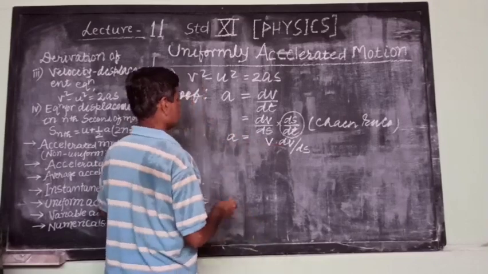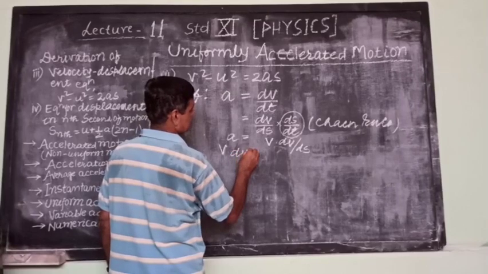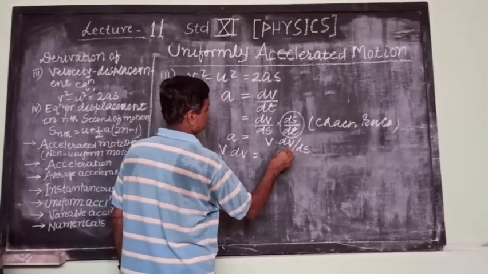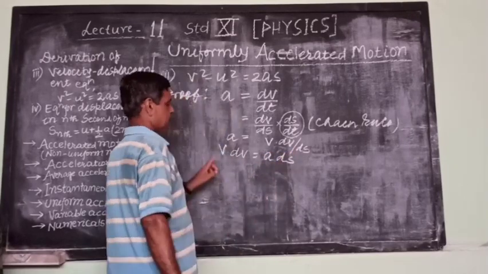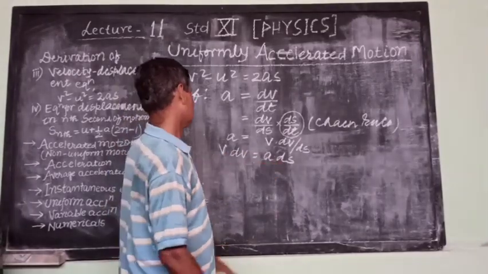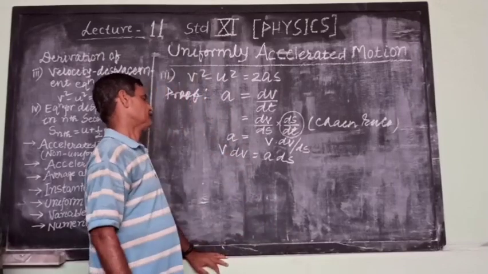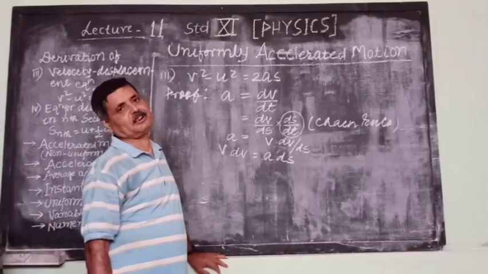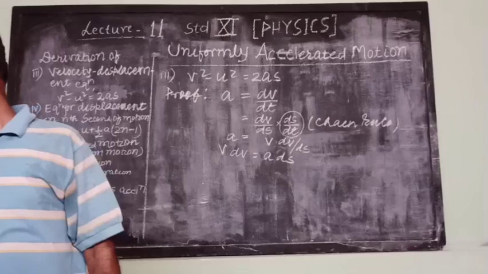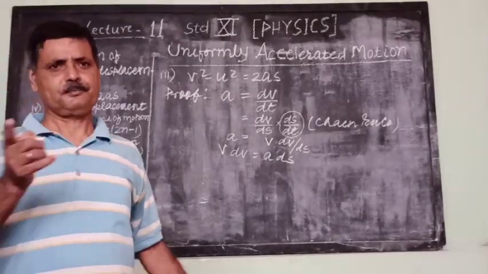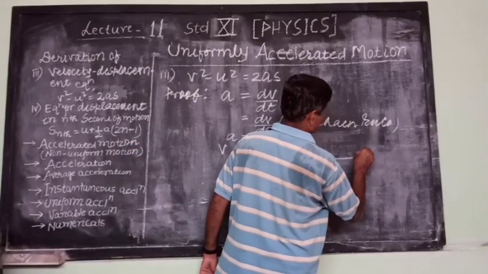By cross multiplication we can write v dv is equal to a into ds. Okay. This v can be written as v is equal to u plus at. This is the equation number 1.